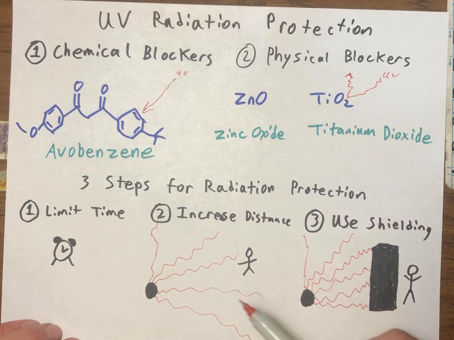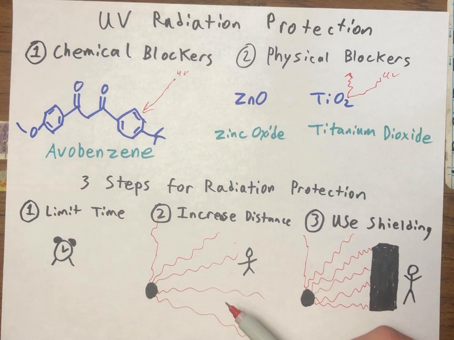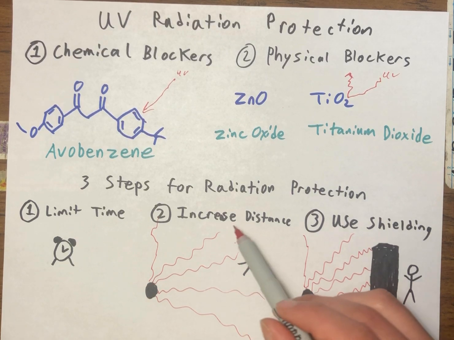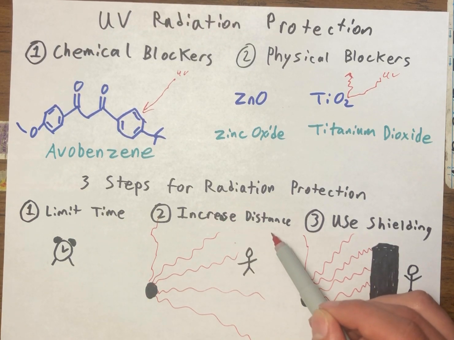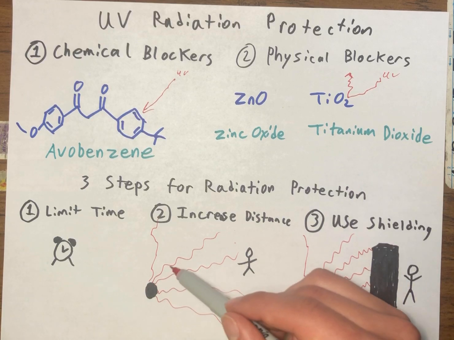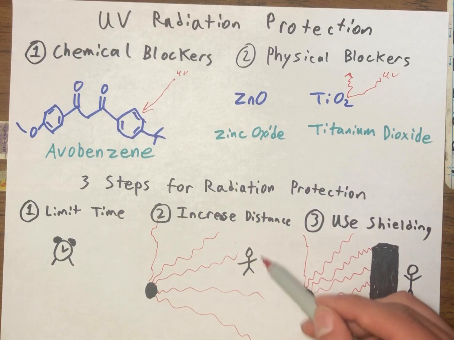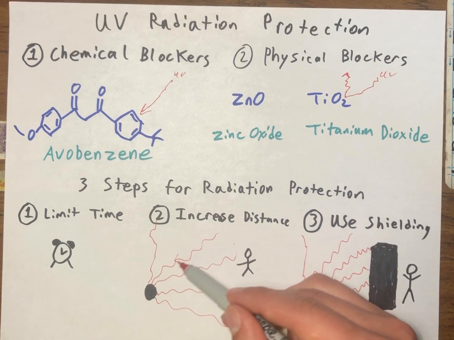Other generic types of radiation protection come in 3 steps. Limit your time. The less time you are bombarded by UV radiation, the less of a chance 2 of your thymines adjacent to each other can be hit with UV light at the right moment to form a dimer. Increasing distance helps. You see that there is much stronger concentration if this stick figure was closer to the source.